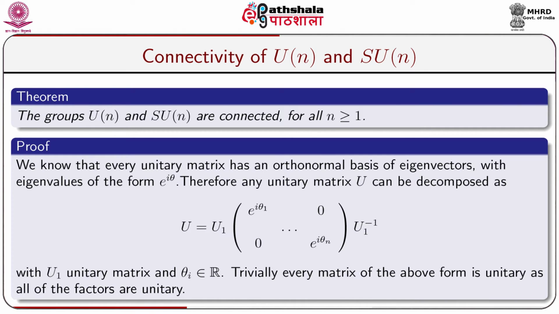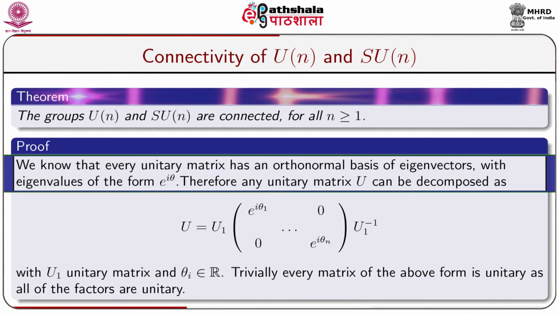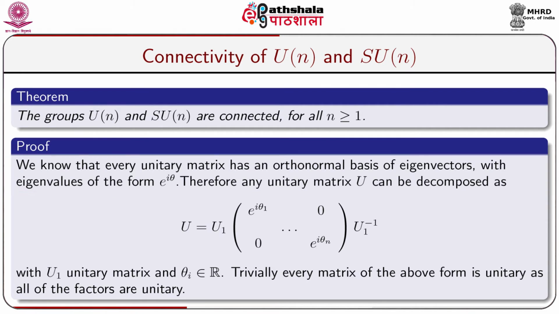We can also prove that the groups U(n), the set of all unitary matrices, and SU(n), the set of all special unitary matrices, are connected for all n greater than or equal to 1. In fact, we know that every unitary matrix has an orthonormal basis of eigenvectors with eigenvalues of the form e to the power i theta.